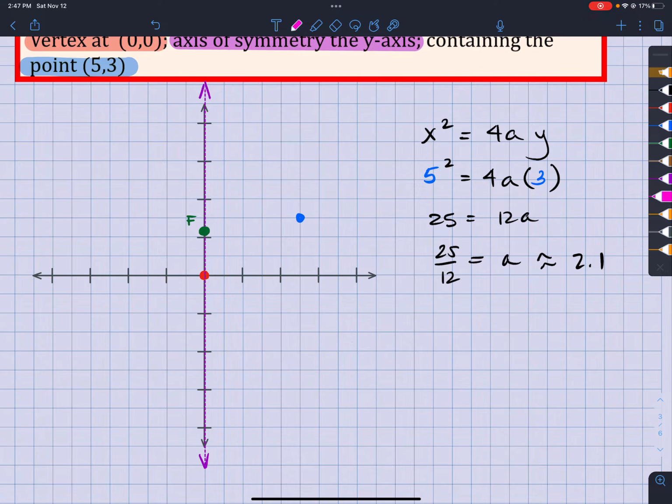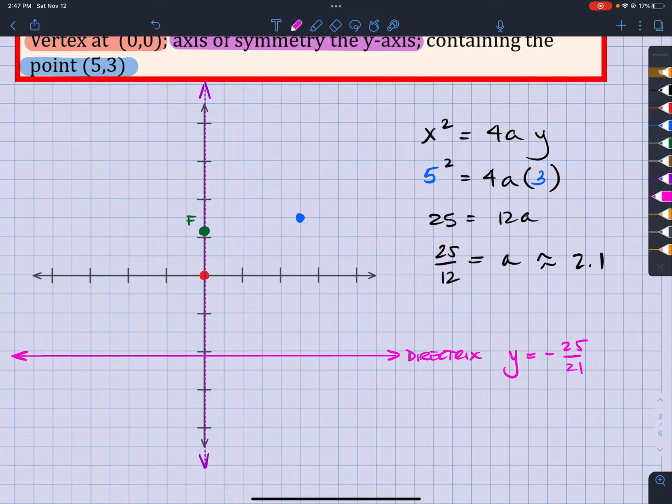So it's going to be about right here. So here's my directrix. And this directrix is the equation of a line, y equals negative 25 over 12, which is that 2.1-ish thing, right?